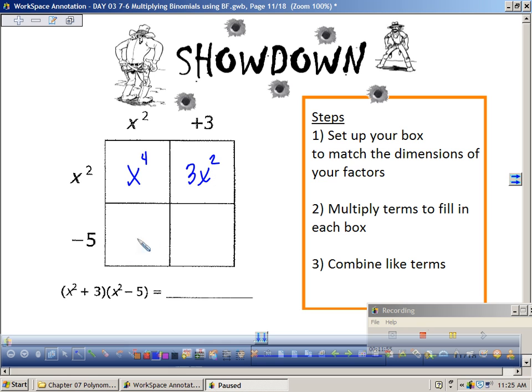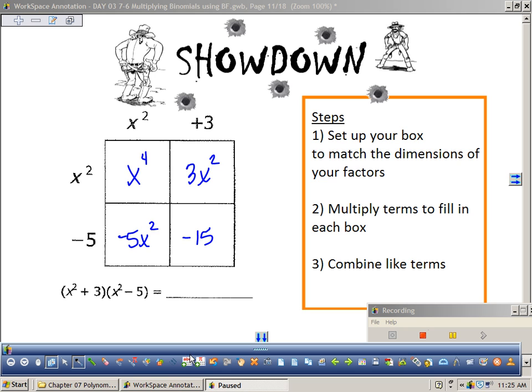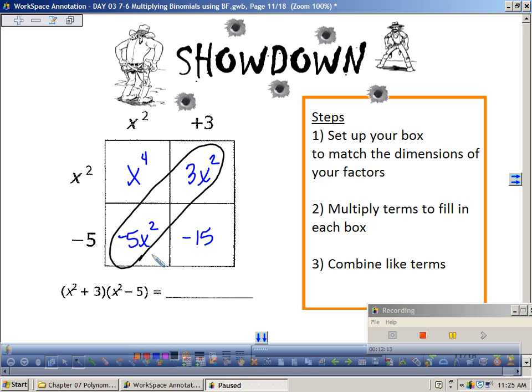Negative 5x squared. Negative 15. Perfect. So now all you have to do is combine like terms, right? What am I going to combine? We're going to combine the negative 5x squared with the 3x squared. Perfect. And then we have the 4th power, minus 2x squared.